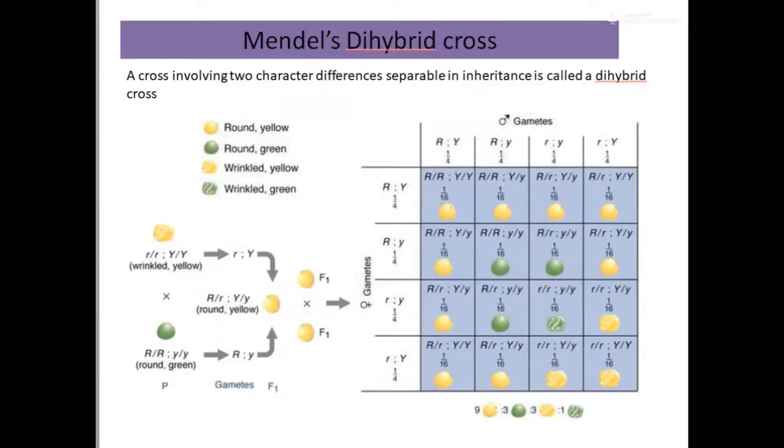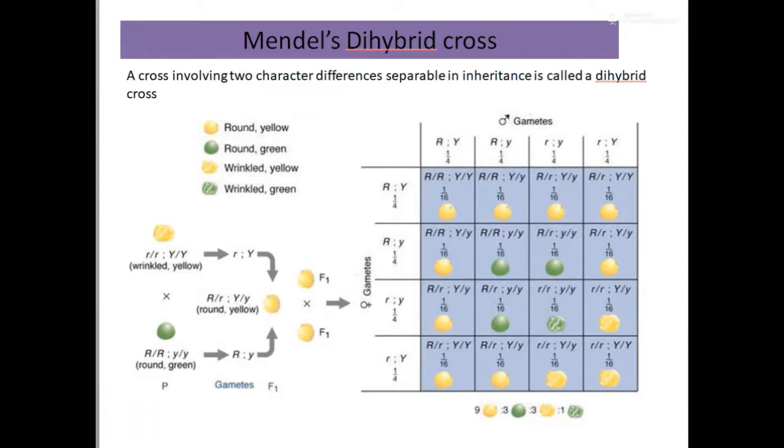So now let's go to Mendel's dihybrid cross. You should know that Mendel was not only doing experiments with a single character. After his experiments with single traits, Mendel laid his attention on two or even more pairs of contrasting traits at a time.